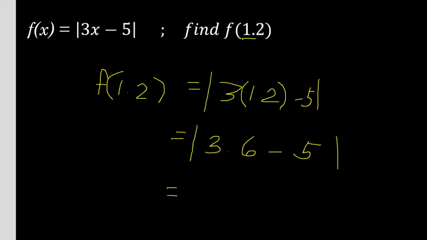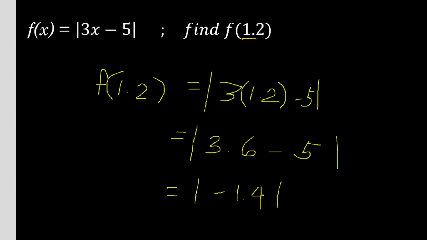So subtract 3.6 minus 5, which is equal to the absolute value of negative 1.4.